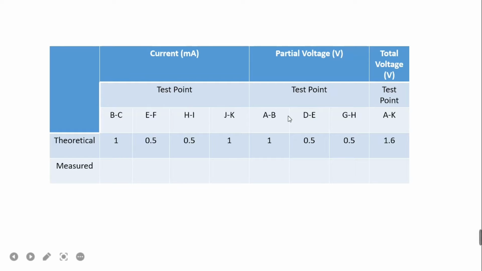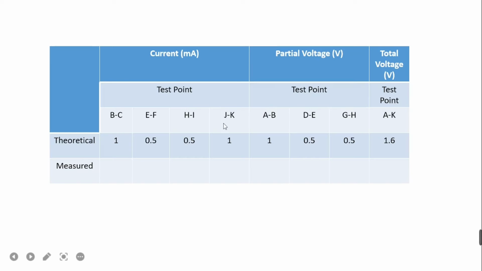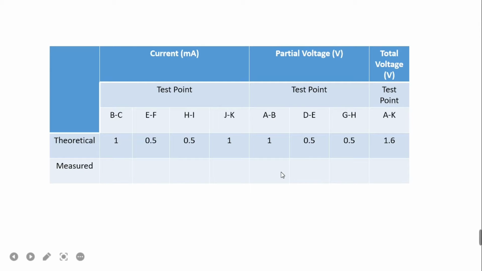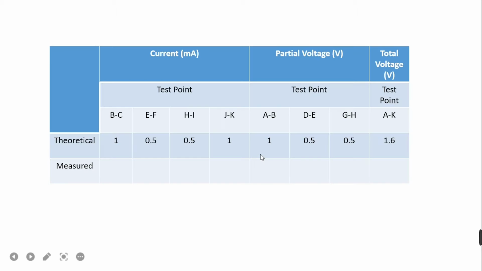So this is the table. The theoretical current at point BC, at EF for R2, at HI is 0.5, and at JK is the total current of this circuit.